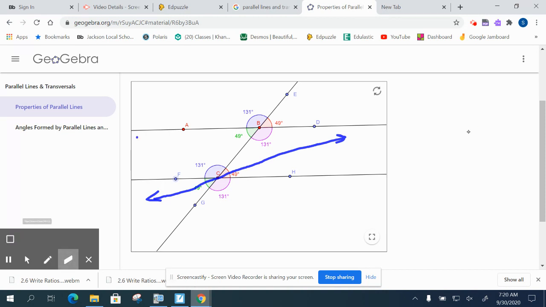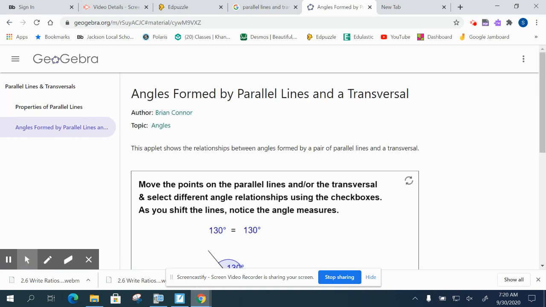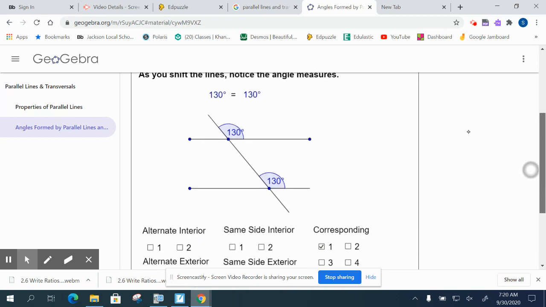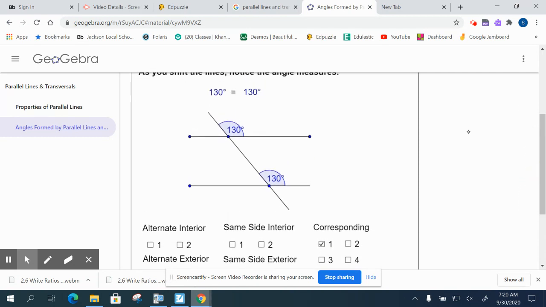And I just wanted to also point out this one. So angles formed by parallel lines and a transversal. Okay, so here we're showing corresponding angles. So corresponding angles mean that they're in the same position relative to the intersection point or the vertex.